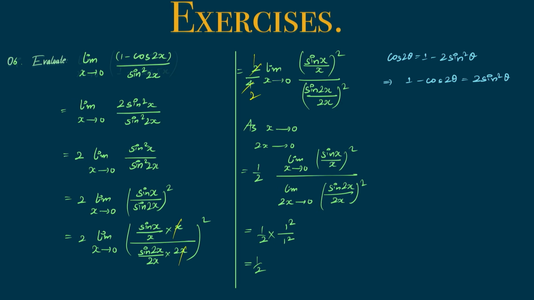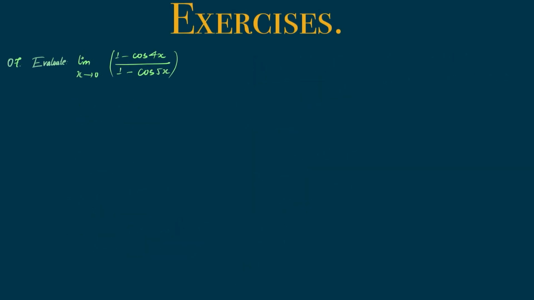Next, question number 7, limit x tends to 0 of 1 minus cos 4x by 1 minus cos 5x. Again here, students, we have to remember that formula from multiple angles. Whenever there is angle 2 theta here, the angle is theta here. Whatever the angle is here, the half of this angle is here, the half of 2 theta is theta.